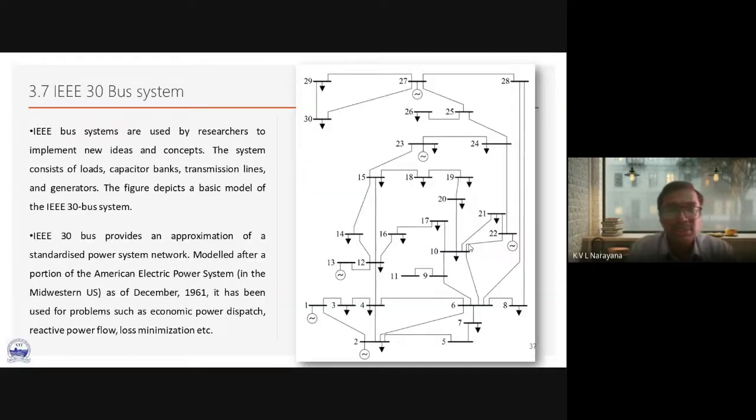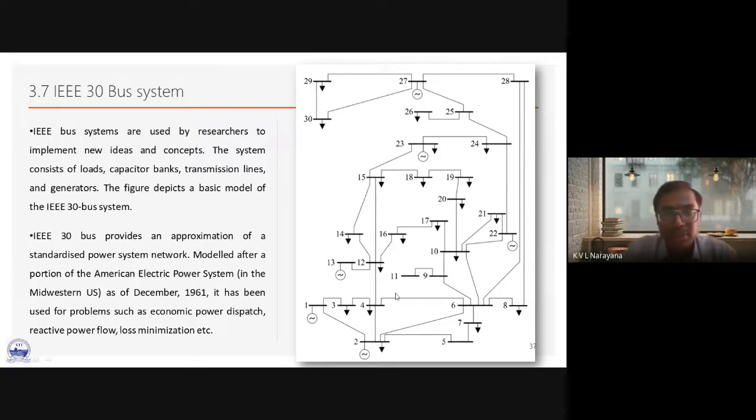So this is about the bus system. This is an IEEE 30 bus system, and this is the problem we are going to take. Before entering into the problem, you must know what this IEEE bus system is. In this figure, there are 30 nodes or 30 buses.